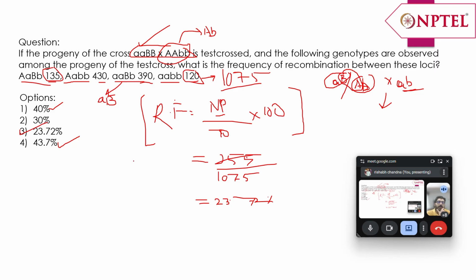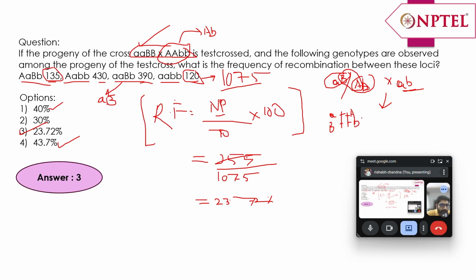So what happens in case of linkage, I'll explain in this way. These are the parents. So these yielded an offspring that has the genotype small a, capital B, and this is capital A and small b.